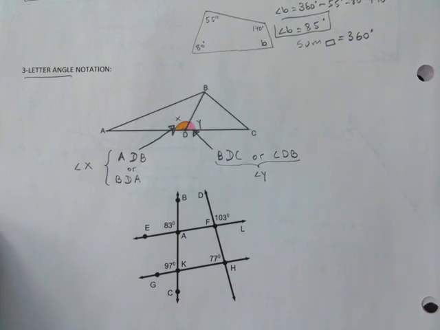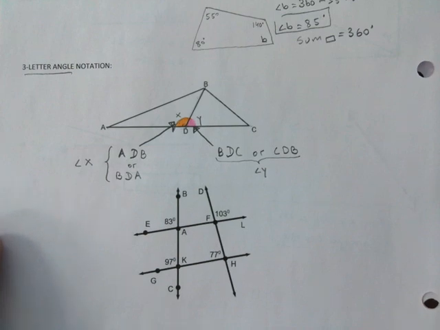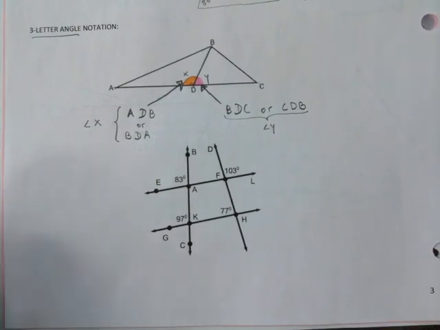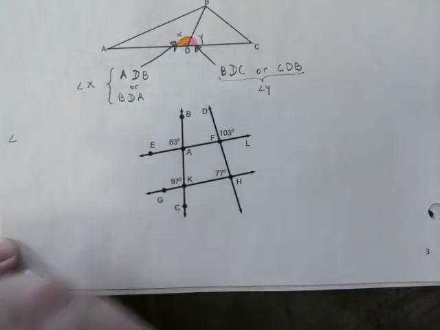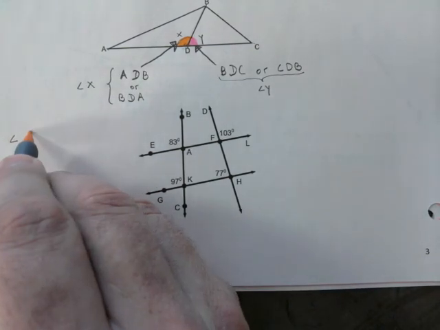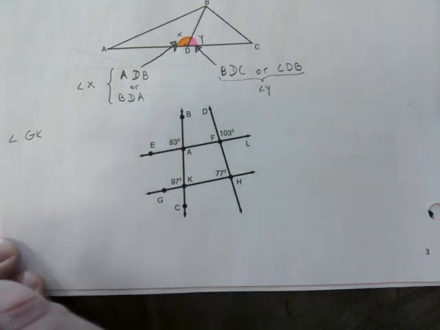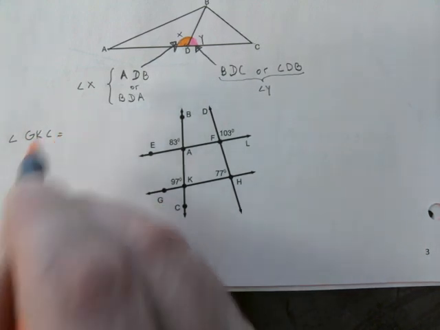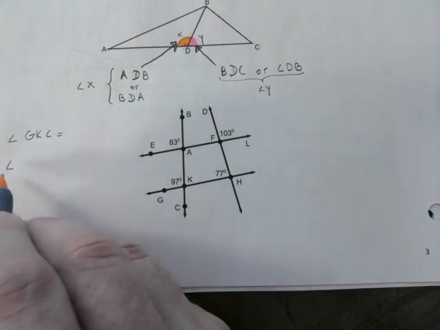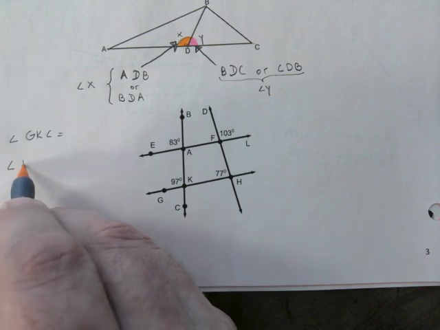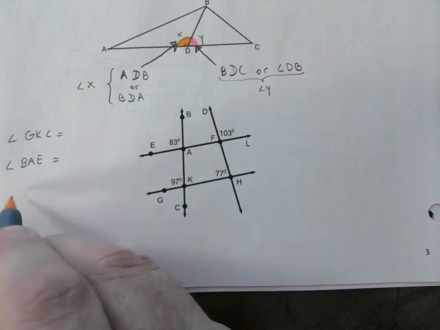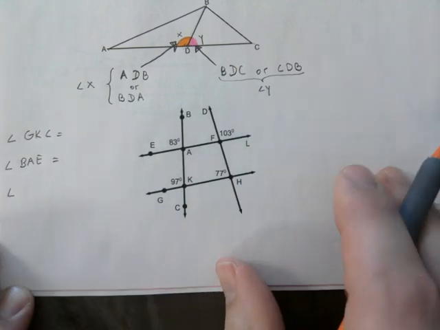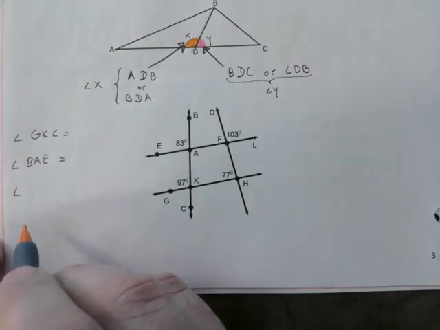And I have another one here. I'm going to ask you to find it real quick. What's the value of GKC? I want the actual value. The angle B. Can you see that? Yeah?